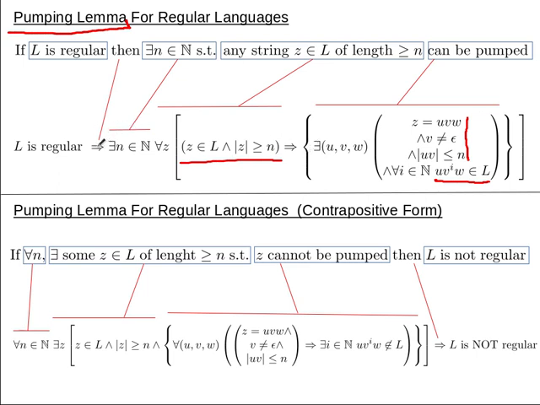If we take a negation, what will happen? This will become for all, this will become there exists, and then this will become the conjunction of the negation of the rest of the part. So we have for all here, there exists here, then this part, a conjunction with the negation of this part.